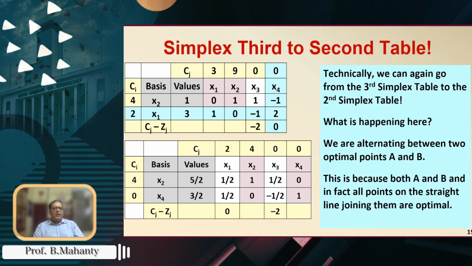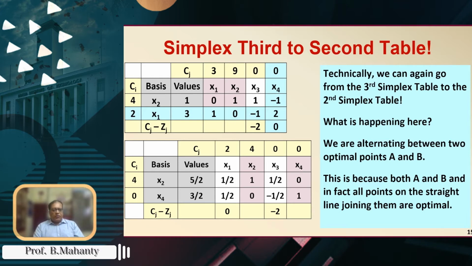So here is that simplex third to second table. Technically we can again go from the third simplex table to the second simplex table. All right, so that is what I said a few minutes earlier. What is happening here? We are alternating between the two optimal points A and B. This is because both A and B, in fact all points on the straight line joining them, are optimal.